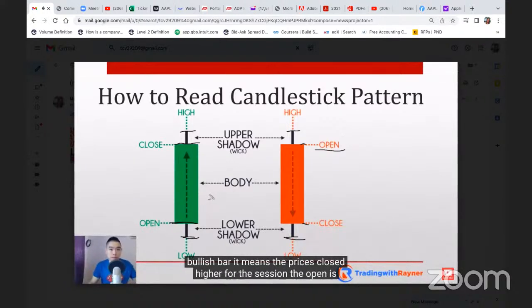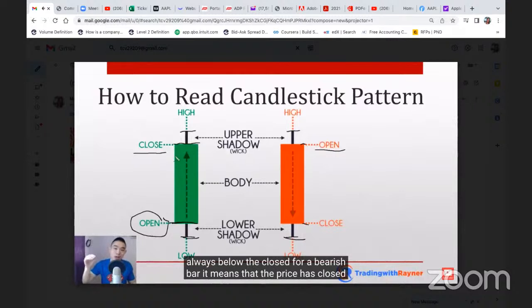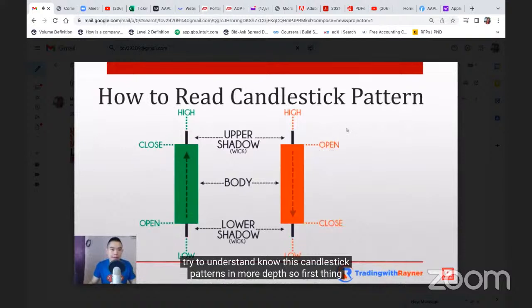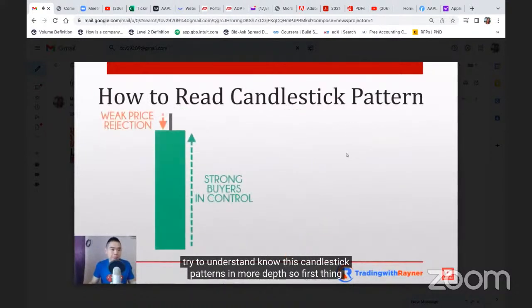For a bullish bar, it means the price has closed higher for the session, and the open is always below the close. For a bearish bar, it means that the price has closed lower for the session, and the open has to be above the close.